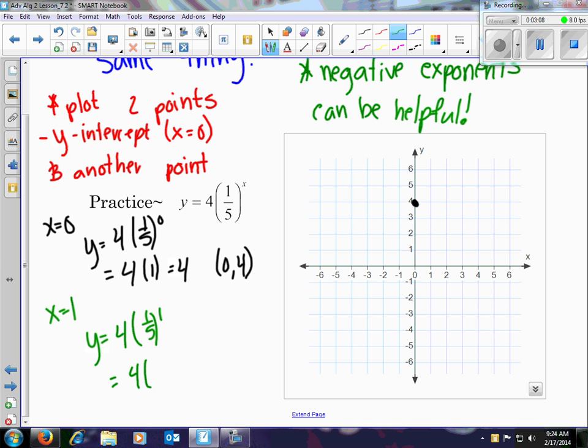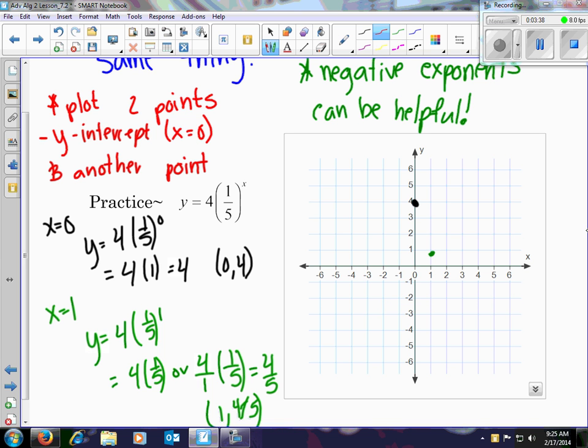So I have 4 times 1/5, which I could write as 4 over 1 times 1 over 5, which is equal to 4/5. So my next point is going to be 1 and 4/5. So I have 1, and then 4/5 is not quite 1, so it's going to be here-ish.